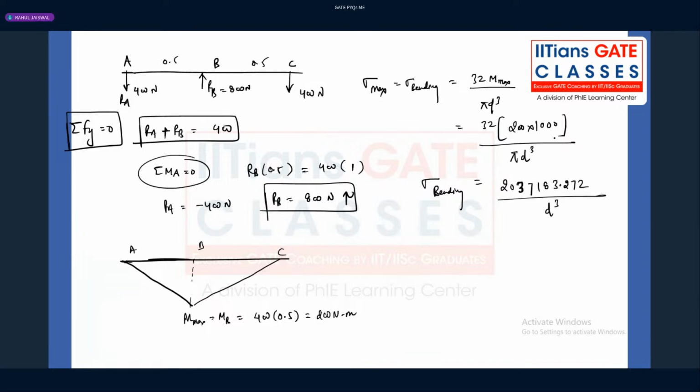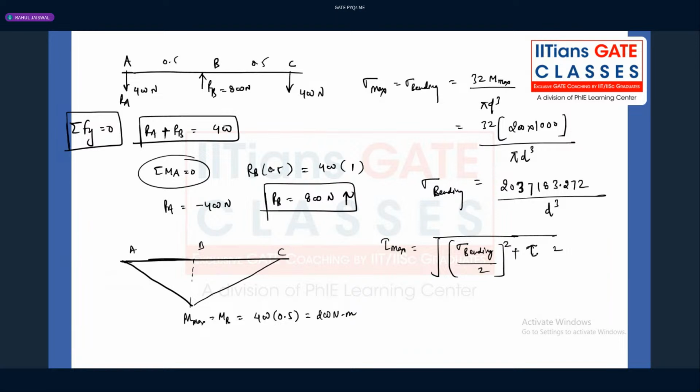Once you got this particular value, what is the maximum shear stress theory? The tau max, which is nothing but sigma bending, and definitely I'm not writing xy because according to a critical element, first of all you need to take the critical element, then you have to draw the state of stress.